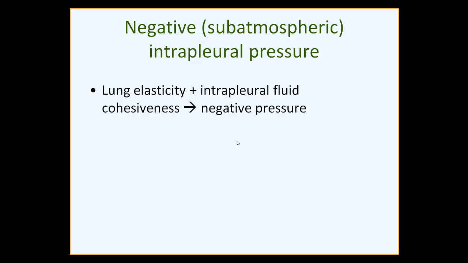So what maintains, again, the intrapleural pressure to be negative or subatmospheric? The fact that the two pleura have this cohesiveness between each other because it's not much fluid there. So again, I'll come back to the example of the suction cup.